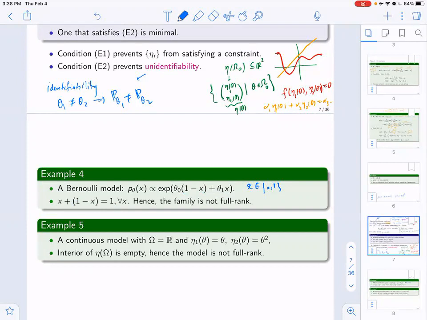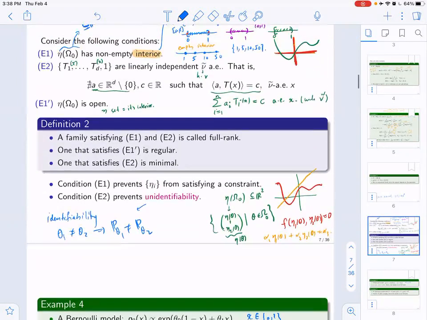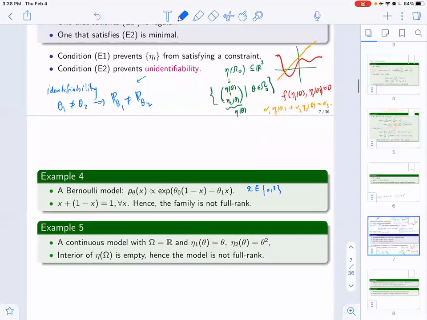So this means that this formulation violates E2. And if it violates E2, it means that the parameter is unidentifiable, and you can verify easily that not both of these parameters are required. Because the whole distribution is determined by just one parameter. The other one is determined by normalization.